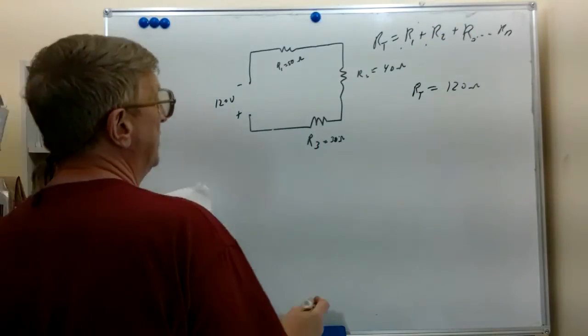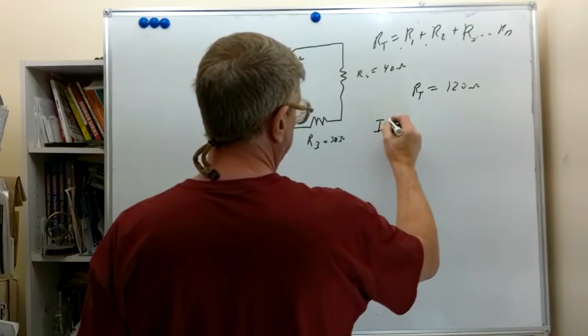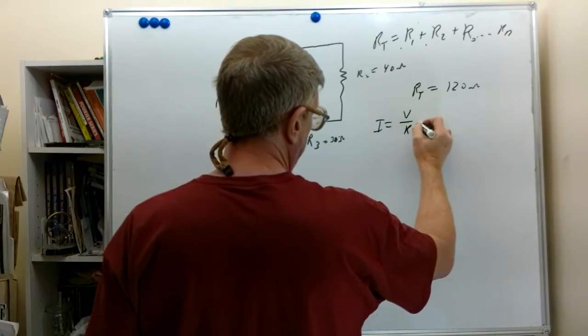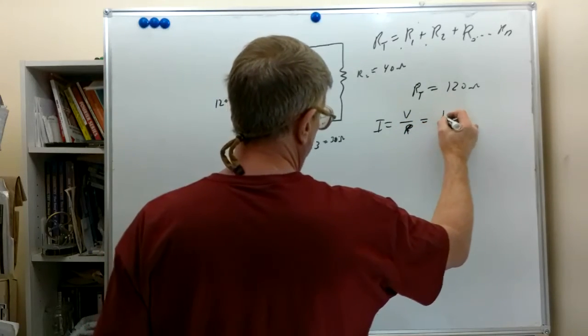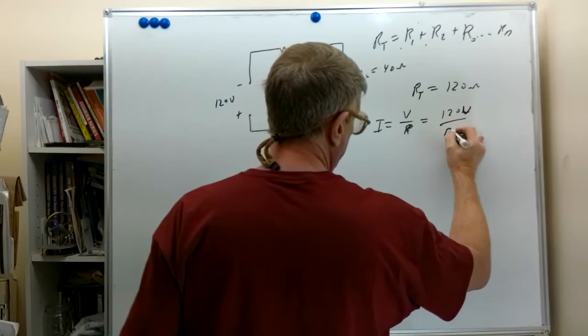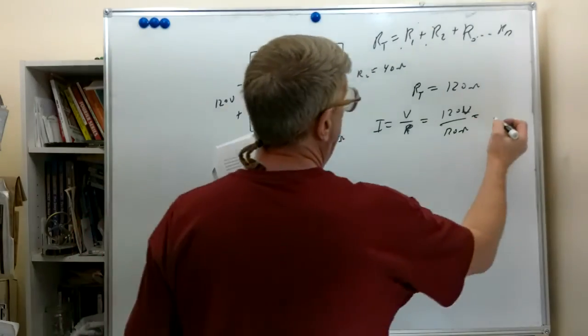Let's calculate the current. I equals voltage divided by resistance. We've got 120 volts, we've got 120 ohms. Well, that's pretty simple math. It's 1 amp.